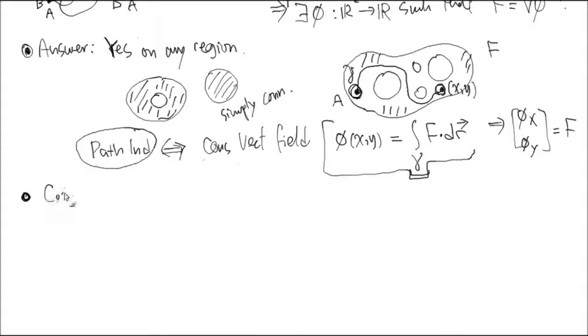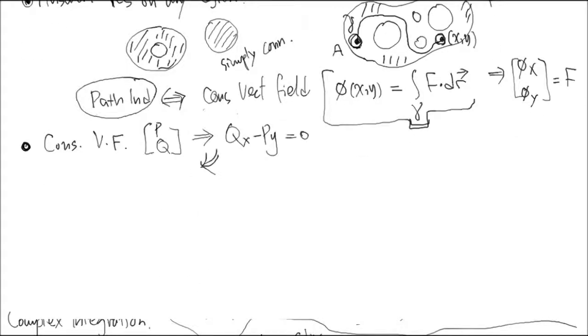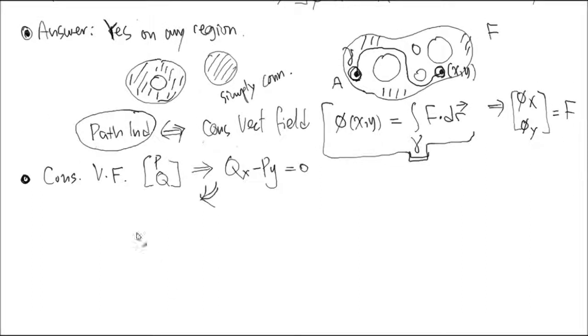If you have a conservative vector field P, Q, then we know that Q_x minus P_y, that curl, is supposed to be 0. And then we're asking the backward question. In general, it's not true, but there's a better answer than just saying it is in general not true. So that's what I'm about to do in here. This is a very local condition.